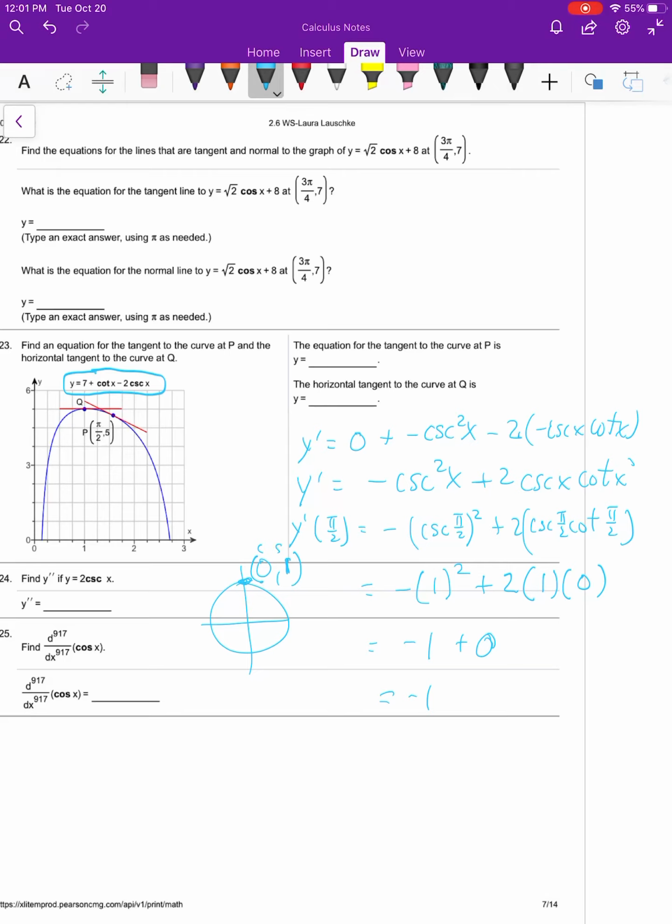Find an equation for the tangent to the curve at P. So for this one, it would be y equals negative 1 times x minus pi over 2 plus 5. And then horizontal tangent to the curve at Q, so we would be setting our derivative here equal to 0 to find that horizontal tangent.